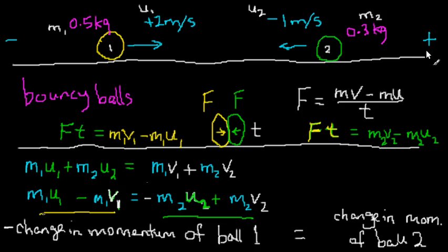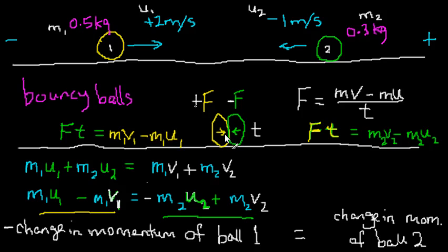If I choose the right side as positive, and I think of the force from the green ball as F, then when I put in the direction, the force from the green ball is pushing to the left, so I should have a minus sign there to show its direction. The force from the yellow ball, a plus sign, since it's pushing to the right.